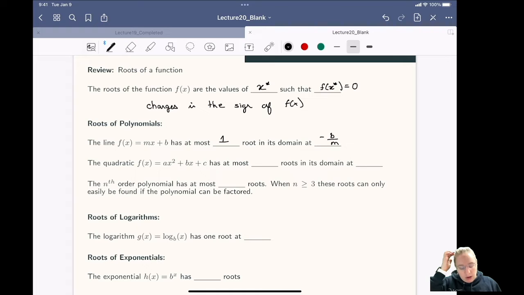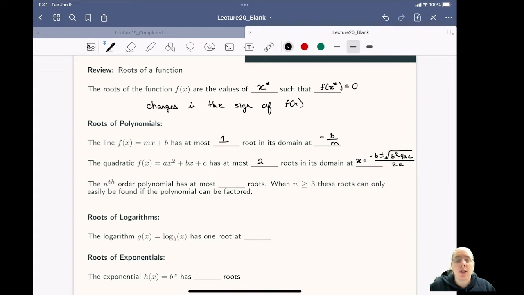All right, the quadratic function, the second degree polynomial, has at most how many roots? It has at most 2 roots in its domain, and these are at the points x equals negative b plus or minus the square root of b squared minus 4ac all over 2a.